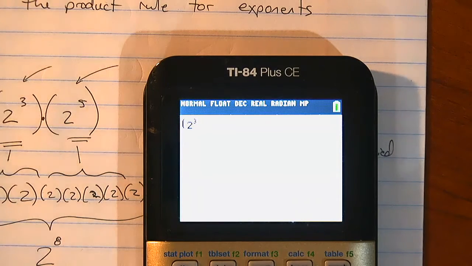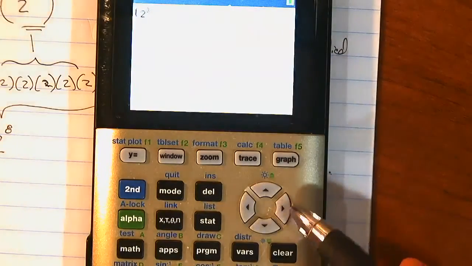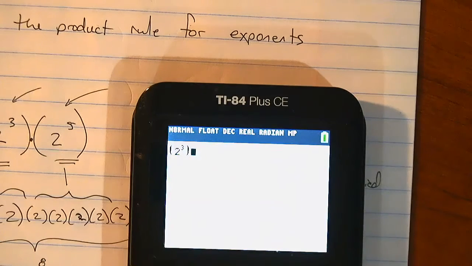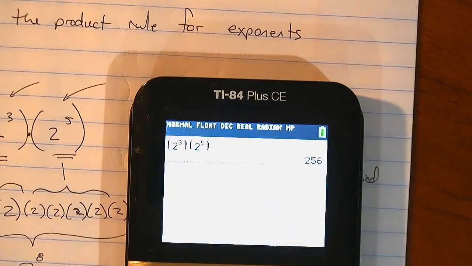When you make an exponent, to keep working, you have to use the side arrow to get your cursor out of the exponent. So to make that parentheses, I have to do the side arrow. So I've got parentheses, 2 caret 5 side arrow parentheses is the way I type that. And when I type that in, the answer I get is 256. If I just type in 2 caret 8, I get the exact same answer.